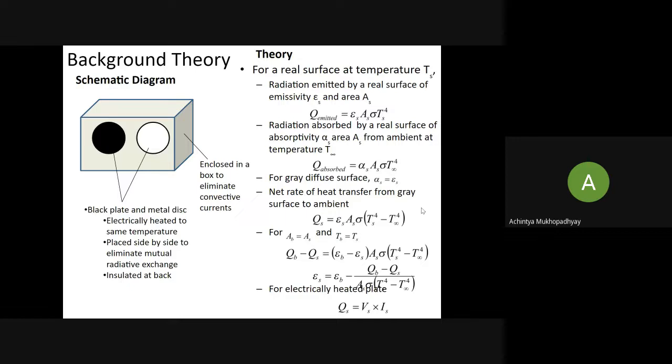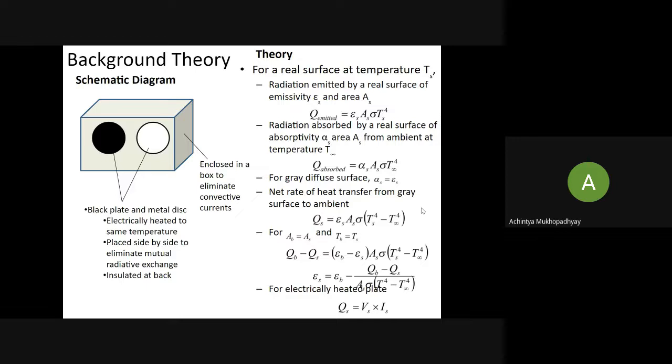This is something you will be asked many times in a viva or interview, but very often I have found that students are not able to answer it. A gray surface means a surface whose radiative properties are independent of wavelength, and a diffuse surface is one whose radiative properties are independent of direction.